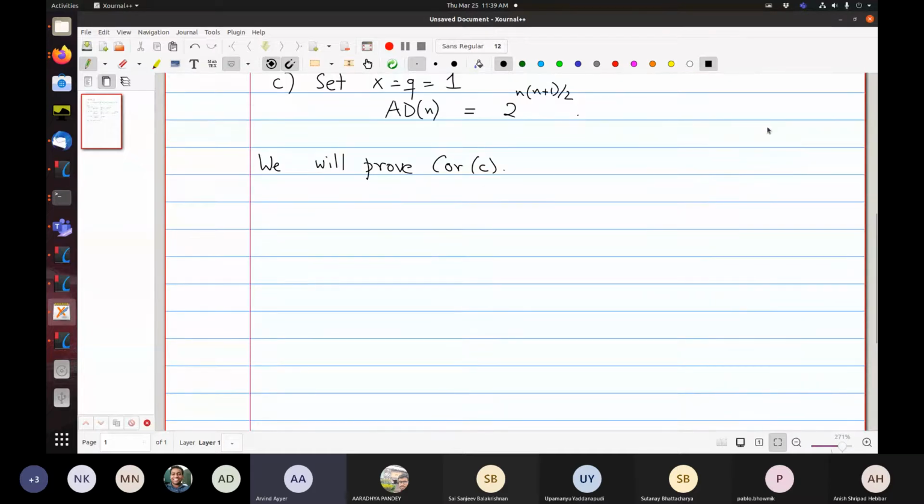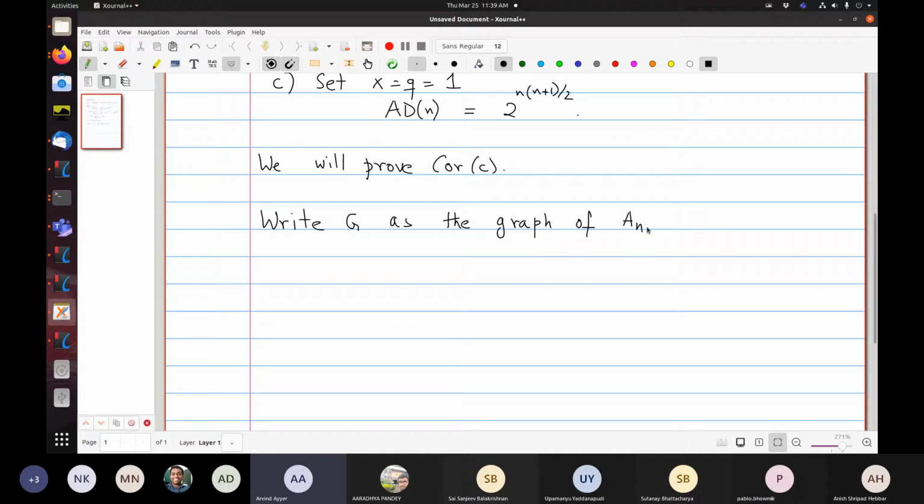Okay. So I'll need some notation. So write G as the graph of AN. I don't mean the dual graph.